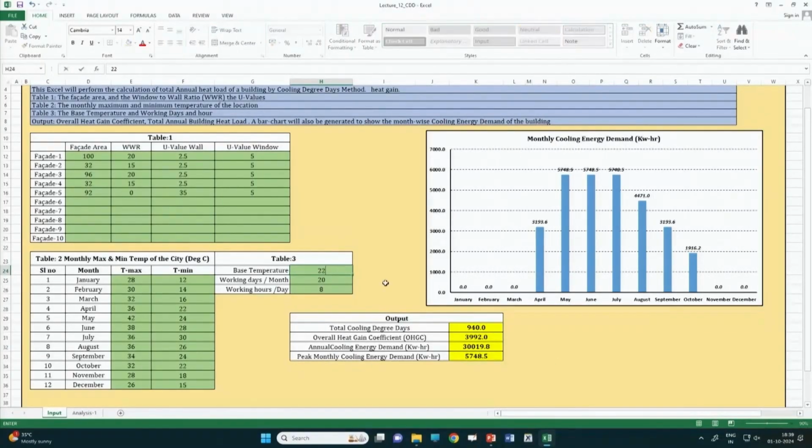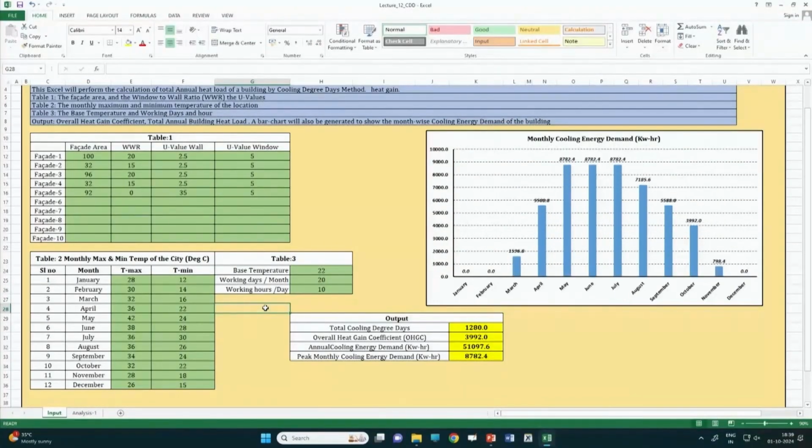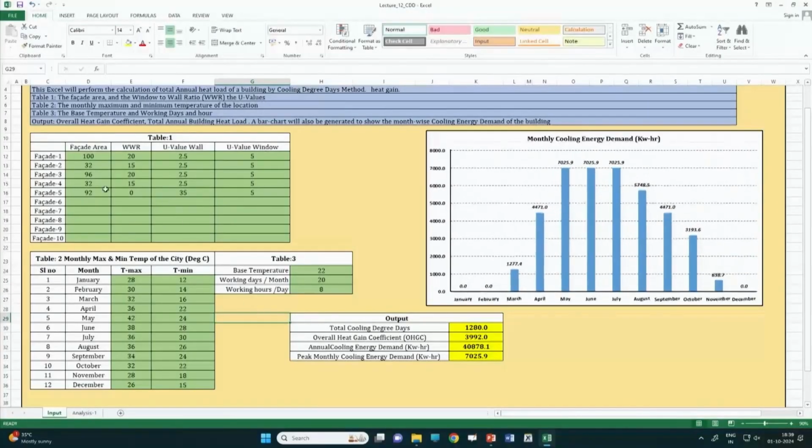So, let us keep 22 degree, and if you increase your working days, instead of 8 if you go for 10, it is increasing from 40 to 51. And now if you change the facade area, suppose you want more facade area to be air conditioned, instead of this white patch area, suppose it is 120 or 130, the demand is increasing.